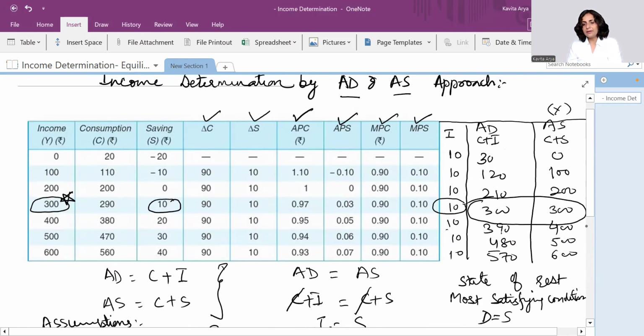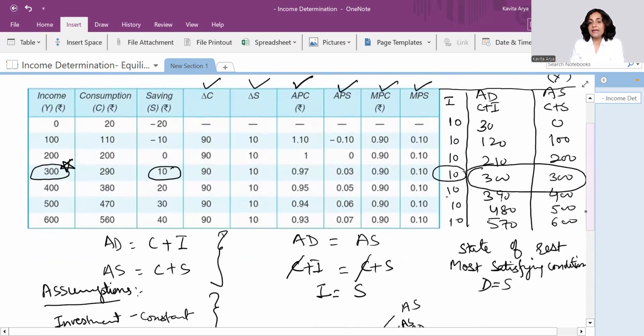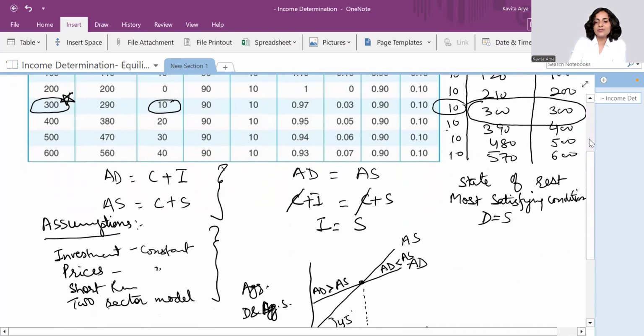Before this level of income 300, we have AD bigger than AS: 330 and 300, 120 and 100. And after this level is attained, AD is lesser: 390 against 400, 480 against 500. So now AS has increased beyond AD. So we have these three situations.